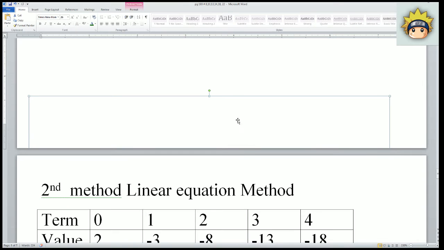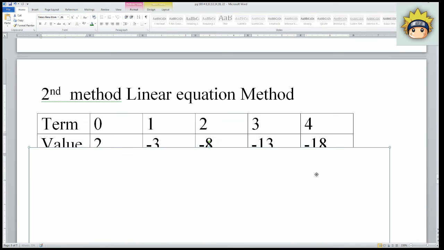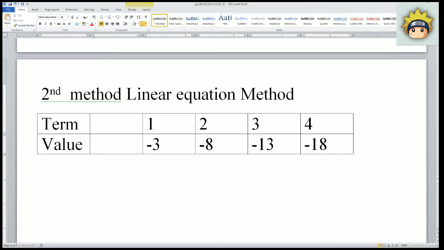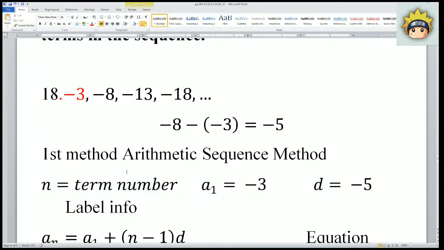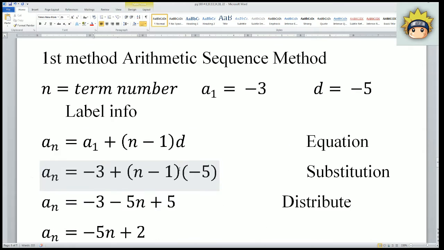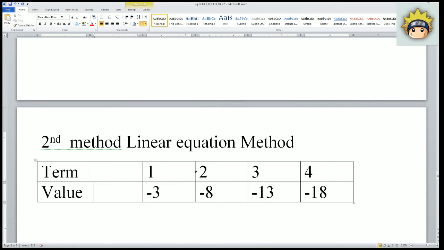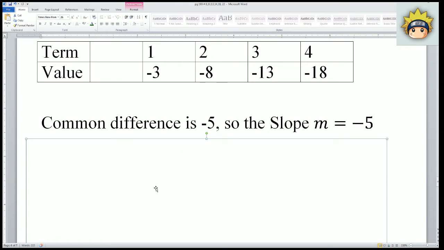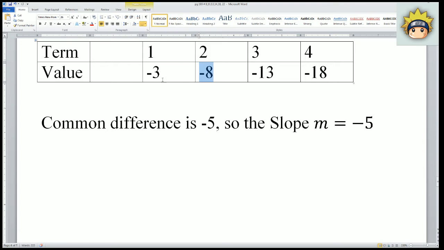Next, the second method is to use my linear equation. Let me show you here. I wrote -3, -8, -13, and -18. This is your first term, second term, third term, and fourth term. The first thing to do is find the common difference, which is -5. -8 minus -3 is -5.